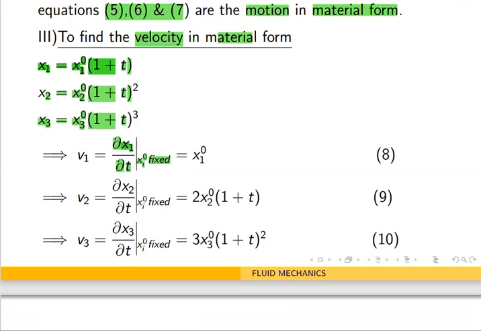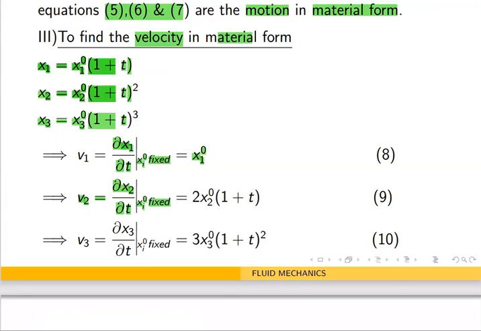Differentiate that with respect to t with x1 naught constant. The differentiation of t is 1 there, so you're going to get x1 naught. So v1 is x1 naught. Now we want v2. v2 is nothing but dou x2 by dou t with xi naughts fixed.